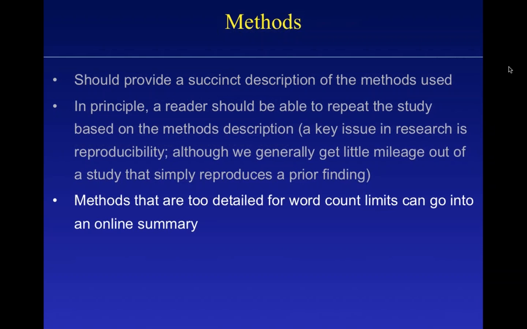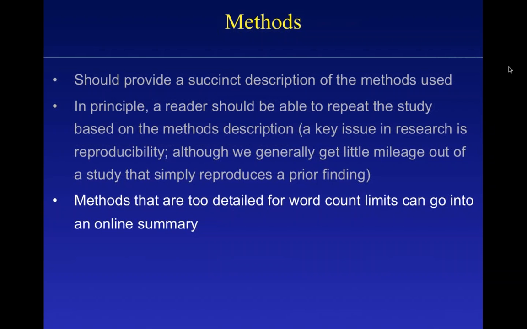Now, CJC has specific word count limits for each category of article. Some of them are very restrictive. For example, training and practice papers are designed to provide a succinct, practical approach to a clinical problem or question, and they can only have 5 references.